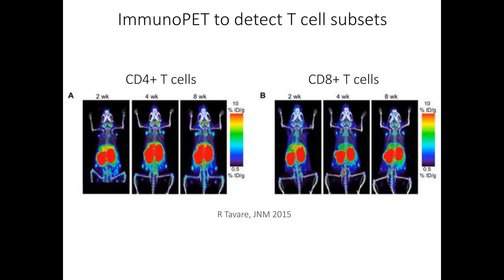Because these T cells also express surface receptors, surface antigens, CD8, CD4, we can also develop antibodies that target each of these subpopulations and use these antibodies as imaging tracers to detect these cells in vivo. So Richard Tabari here has developed a CD4-specific immuno-PET agent and a CD8-specific immuno-PET agent. And if you inject that into your adoptive cell transfer model, you could actually detect subpopulations of T cells in the body.